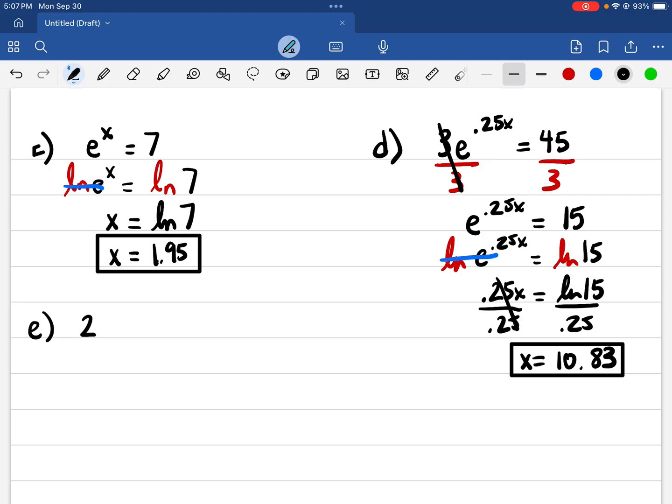One more here with this base e, and I would encourage you at this time to pause the video and try this one on your own, and then come back and see how you did. So again, pause your video at this time and then come back and see how you did on this one, solving it using natural logs for that base e.